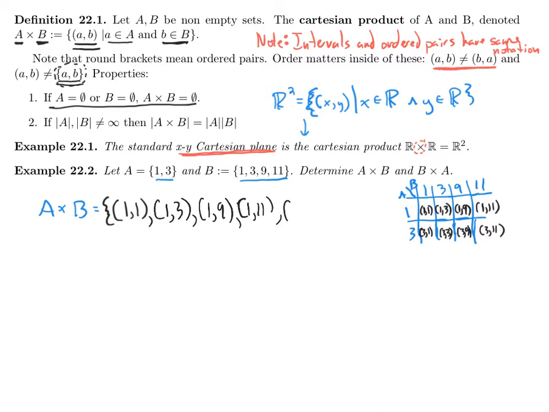Then we have (3, 1), (3, 3). I'll go down here to finish it off. (3, 9), and (3, 11). And they're all of the elements of the Cartesian product A cross B.